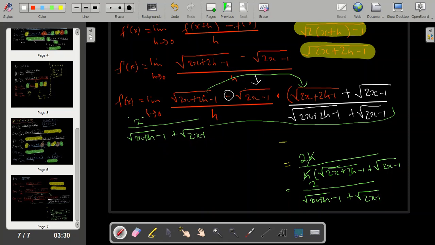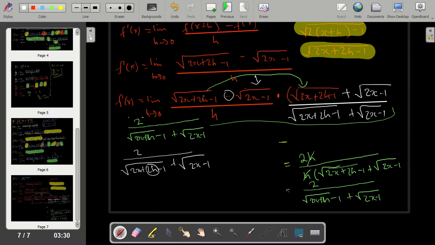So we are saying this is 2 over the root of 2x plus 2h minus 1, everything plus the root of 2x minus 1, like that. So when we put the 0 where there is 2h here, this will be 0.